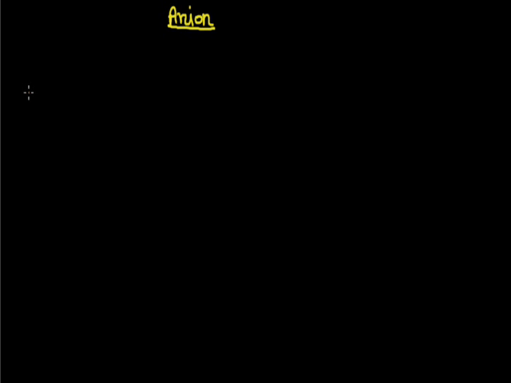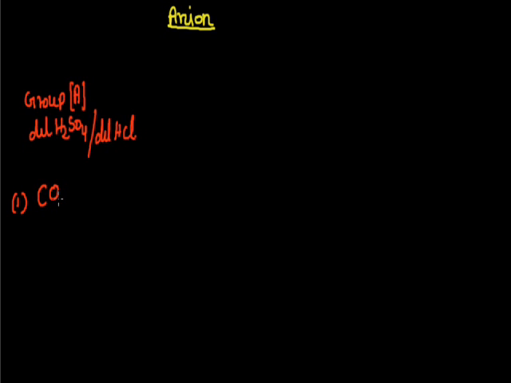The first group is group A, also called the dilute H2SO4 or dilute HCl group. In this group we have the following anions. The first one is carbonate, CO3 2-.